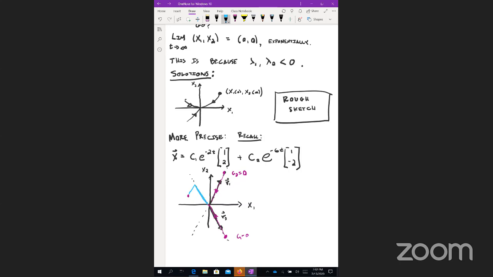So this is basically C2 times V2, C1 times V1, and this point here is going to be C1 times V1 plus C2 times V2.